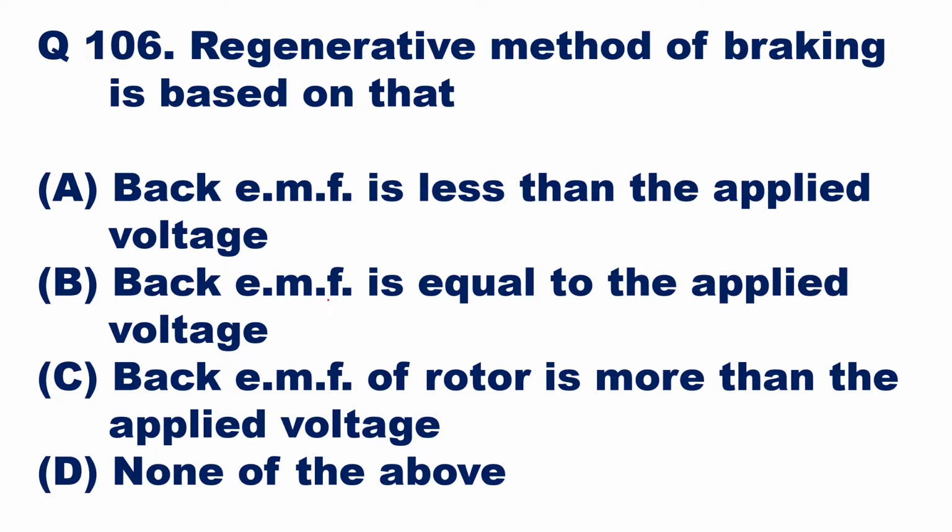Obviously, since back EMF is always opposing, when the back EMF is equal to the applied voltage, there is braking. That is the regenerative method of braking. So option B is the right answer. The regenerative method of braking is based on back EMF being equal to the applied voltage.